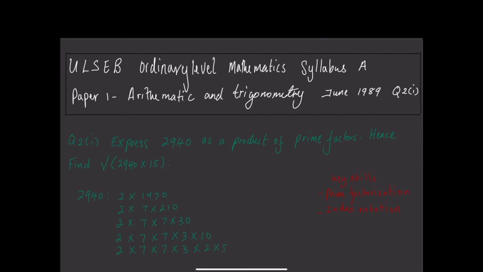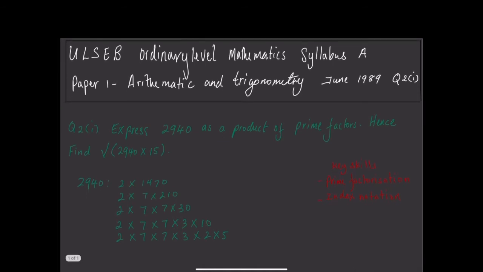Now if you want to use the factor tree method, you can, but you can use both methods. Whichever one you're comfortable with, you use. All right, so now we've expressed 2,940 as a product of its prime factors. We're going to express it in terms of its powers.